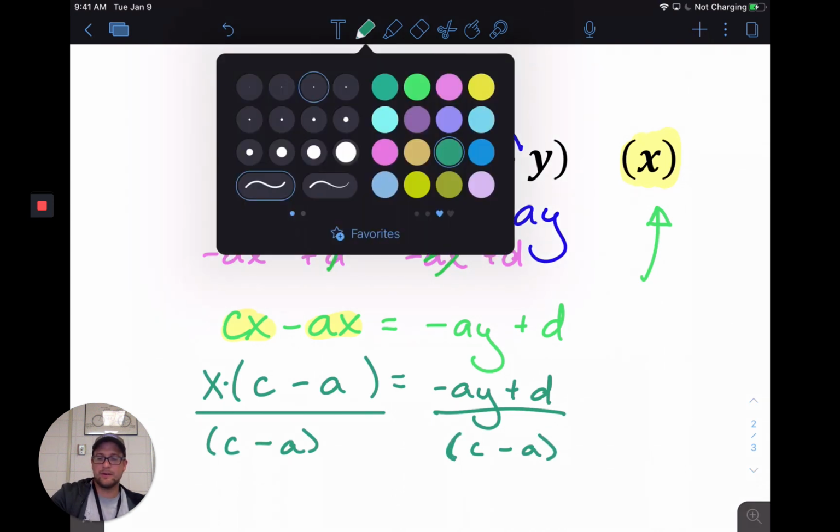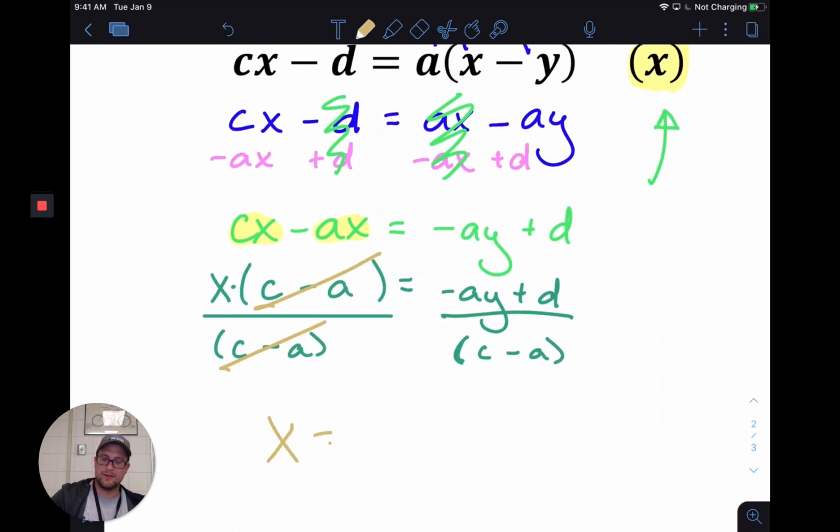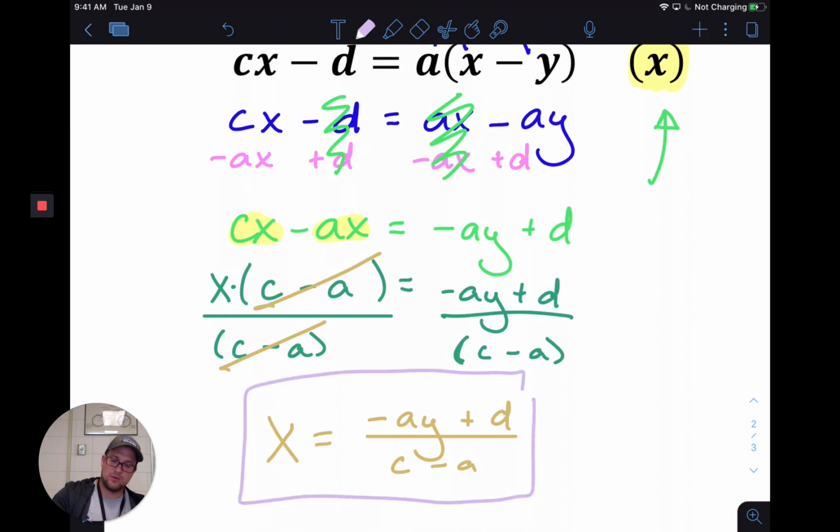And when we do that, this and this will cancel off, and we will be left with x is equal to negative ay plus d over c minus a. One thing to note is that these two a's here cannot cancel at this particular time. And the reason for that is that our final expression here has a plus and a minus. Those two start to cause trouble in terms of canceling those pieces out. So our final answer here would be this.